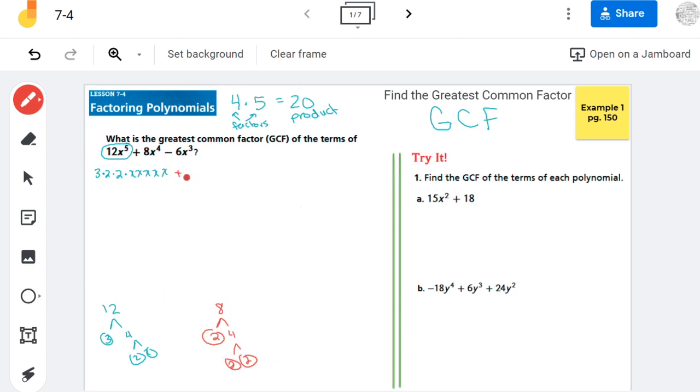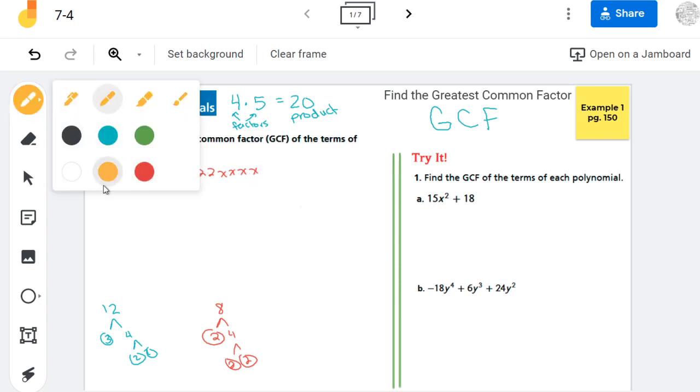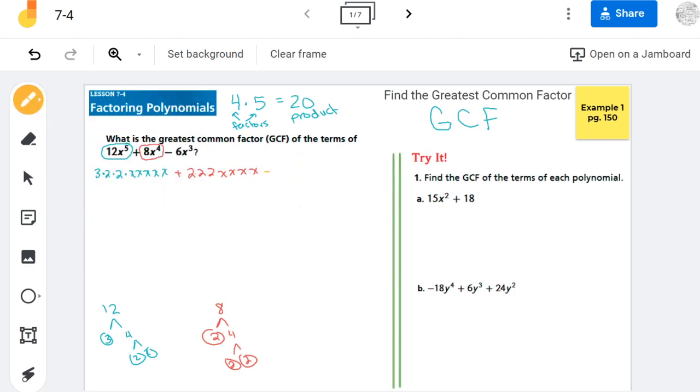So for 8x to the 4th, I have 2 times 2 times 2, and then I have 4 x's. And then I have a minus. Now I'm doing 6x cubed. 6 is easy. It's just 2 times 3. And then x cubed, I have x, x, x.